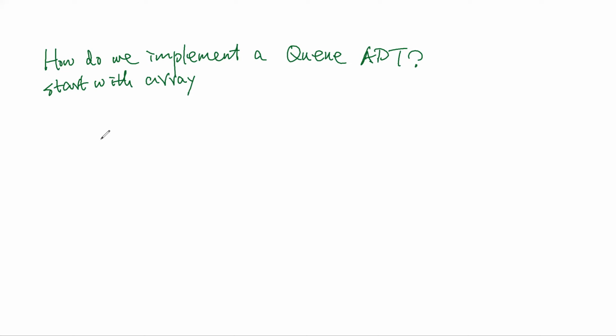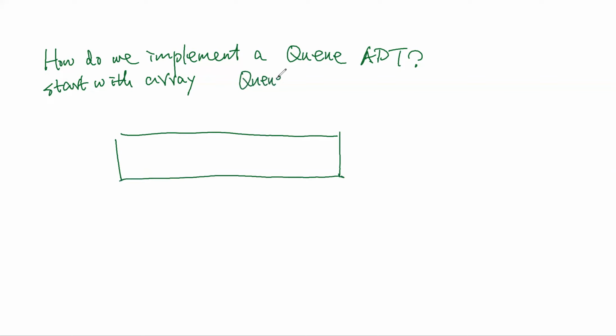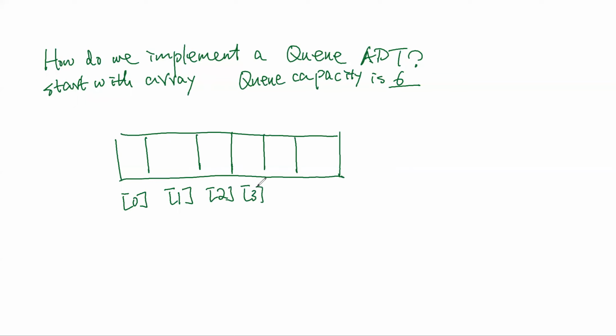Let's think about what kind of information we need to represent a queue using an array. Suppose our queue capacity is 6. So we use an array of 6 slots, with array indexes 0, 1, 2, 3, 4, and 5.